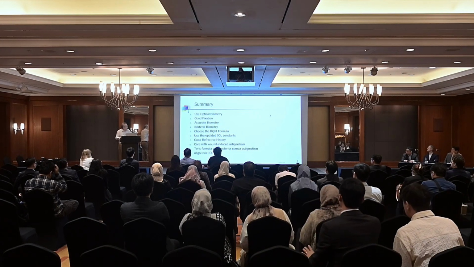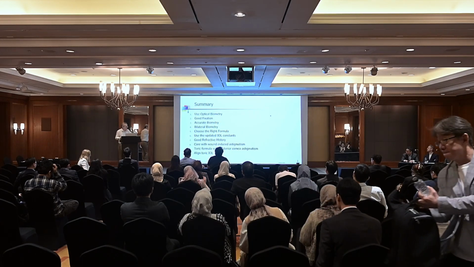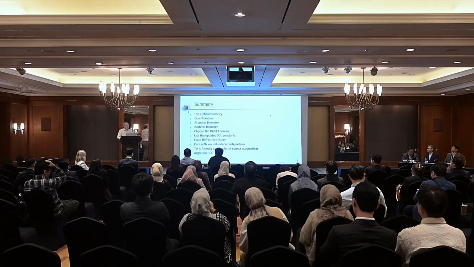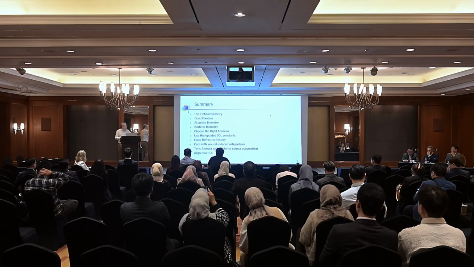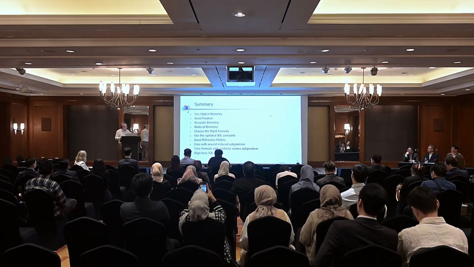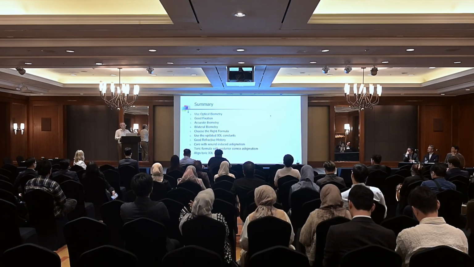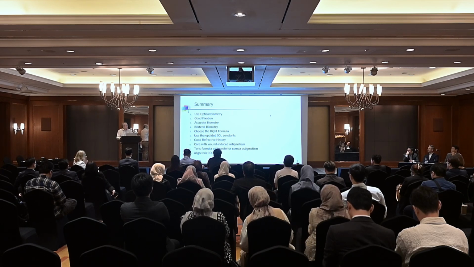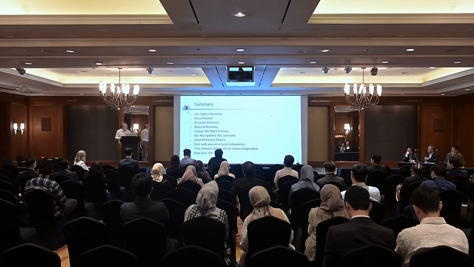So, in summary, use optical biometry, because like I say, most of the error comes from ultrasound. Good fixation, because you want to have the optical axial length accurate, that means repeatable, do bilateral, choose the right formula, use the updated IOL constant, know your IOL constant, good refractive history.